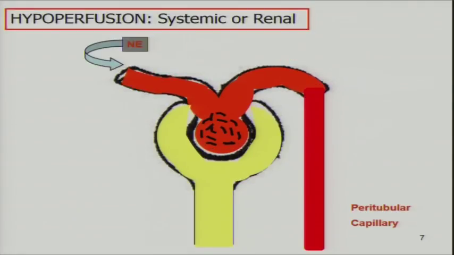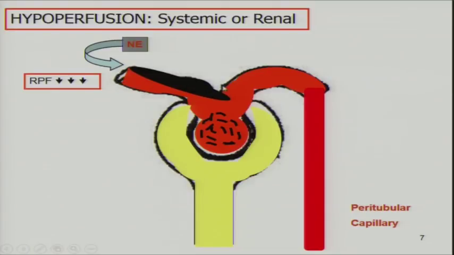What happens in the situation when the patient is underperfused, for whatever situation is occurring, whether it's somebody who has a low cardiac output from heart failure and has a decrease in what we call effective circulating blood volume, but is actually fluid overloaded clinically, or they're actually overtly hypovolemic and have a low cardiac output from that, systemic baroreceptors get activated, and the result is constriction in the afferent arteriole, illustrated by this here. This is constricting the afferent arteriole.